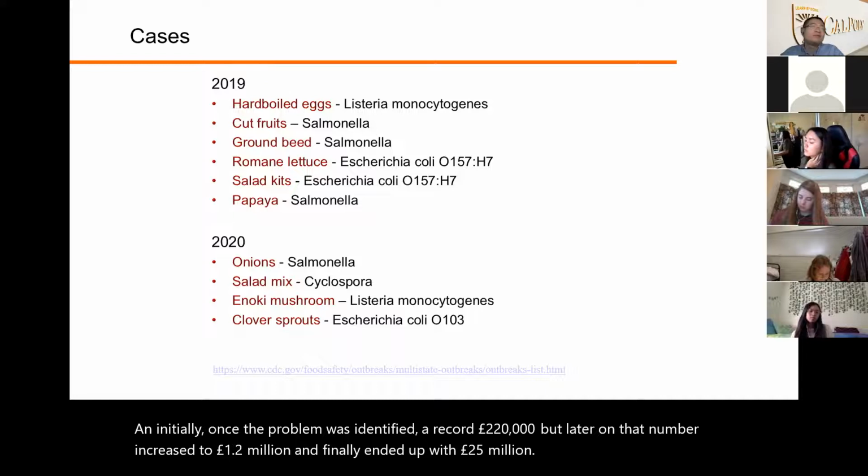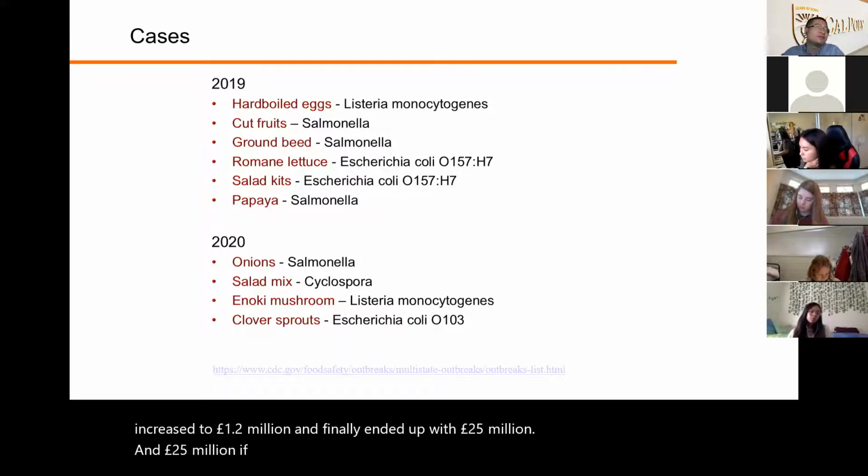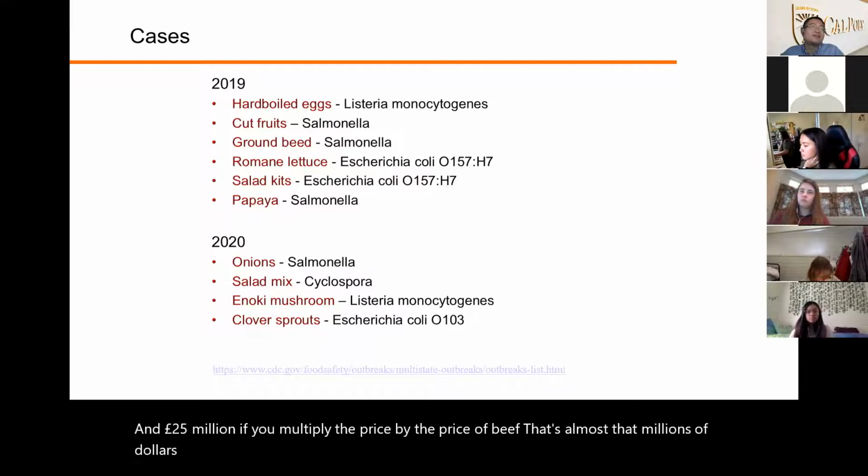And the 25 million pounds, if you multiply by the price of beef, that's millions of dollars. It's almost like one year's revenue of a food company. So that company went bankrupt and was sold eventually.